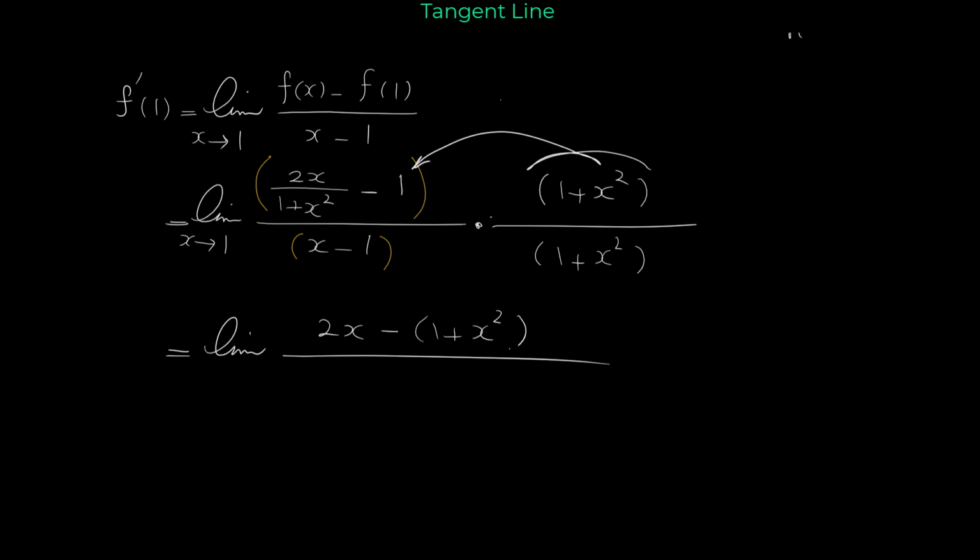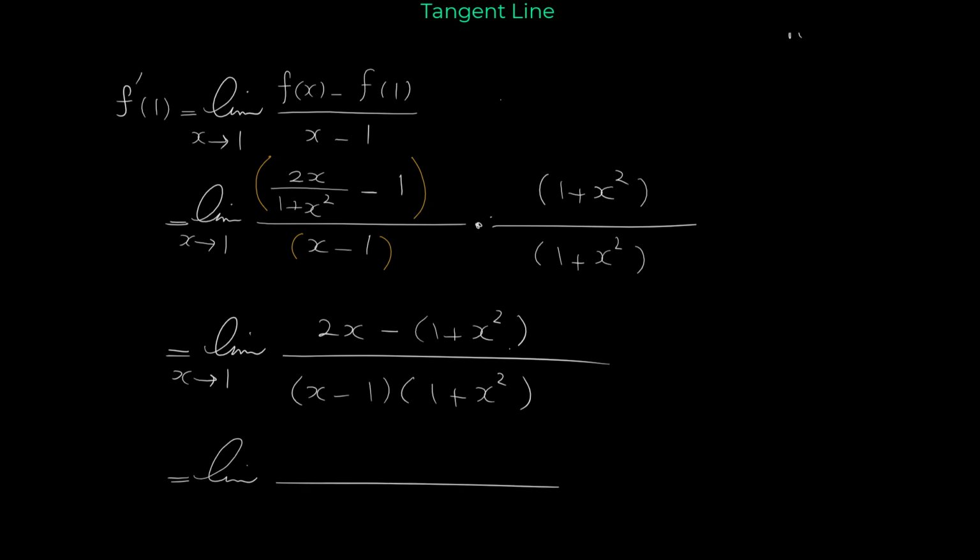We have this, and the denominator is x minus 1 times 1 plus x squared, as x approaches 1. Now if we simplify the numerator, we can write it as negative 1 plus 2x minus x squared.